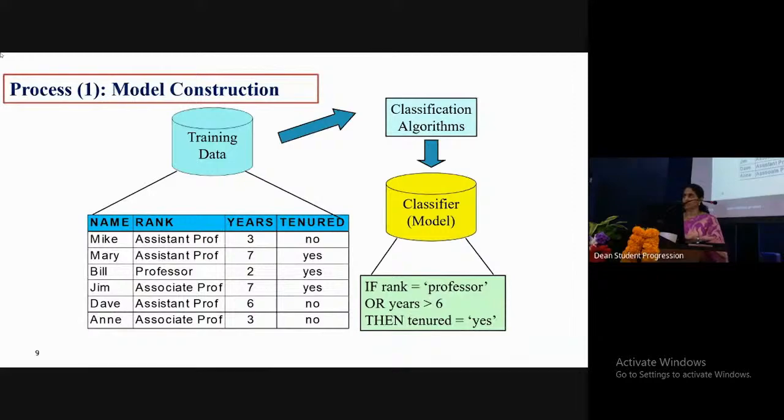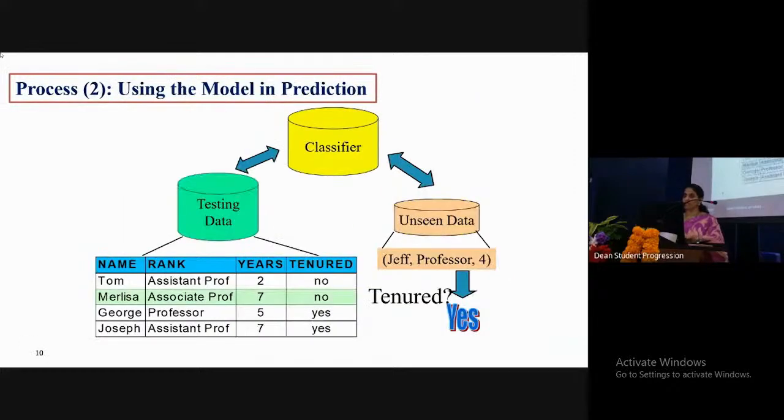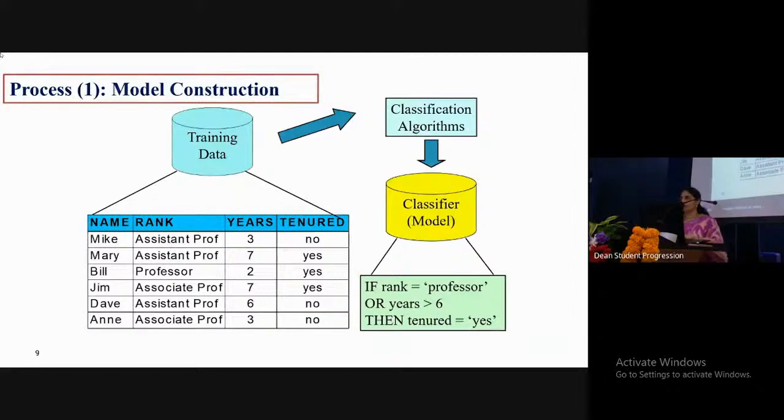It is an either-or condition. Rank is professor, that is false. Years of experience is 2, that is also false. So both the conditions are false, so definitely tenured is no. So whatever rules my model has brought in, it is satisfying your first tuple. So the first data sample has passed the test.